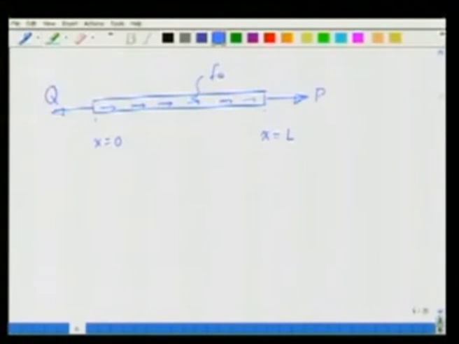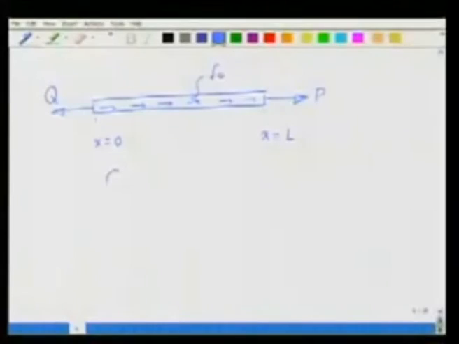So we know that for a static problem, static equilibrium for the whole component has to be satisfied. So out of that, we know that the P and Q cannot be arbitrary. That is, if I give F naught and P, I know what Q should be for the system to be in static equilibrium. So looking at that, what is our Q?